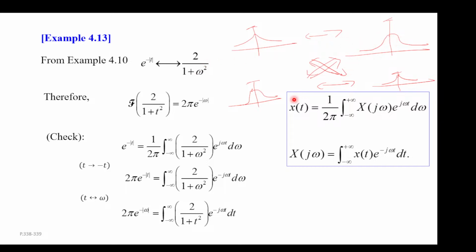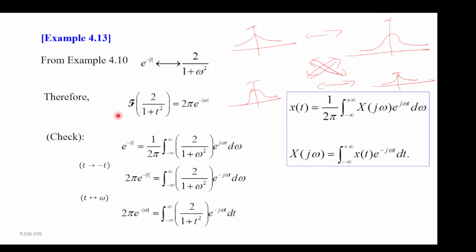Then we put this function on the time domain, and we see a similar function on the frequency domain. You change omega to t, so 2 over 1 plus t squared, and it's the Fourier transform of this function, so t changes to omega, you multiply by an extra 2 pi and get a minus sign on this omega. But it is in absolute value, so the minus sign does nothing.